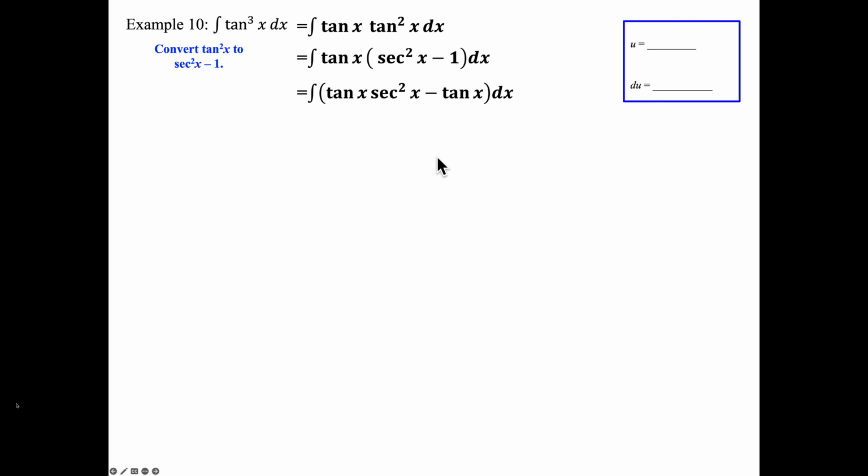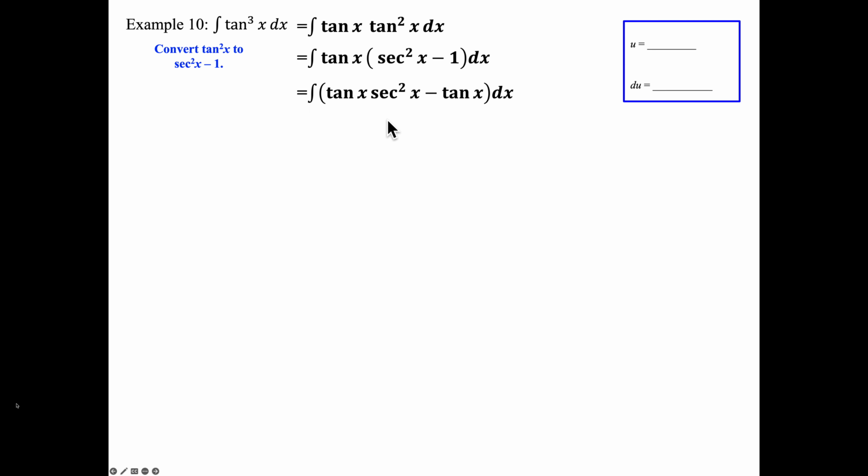Example 10, here we have integrating tangent cubed x dx. There's no secants in the problem, so what I need to do is just break this apart into a tangent squared x times a tangent x dx. So there I separated it, substituted it in, and distribute the tangent.